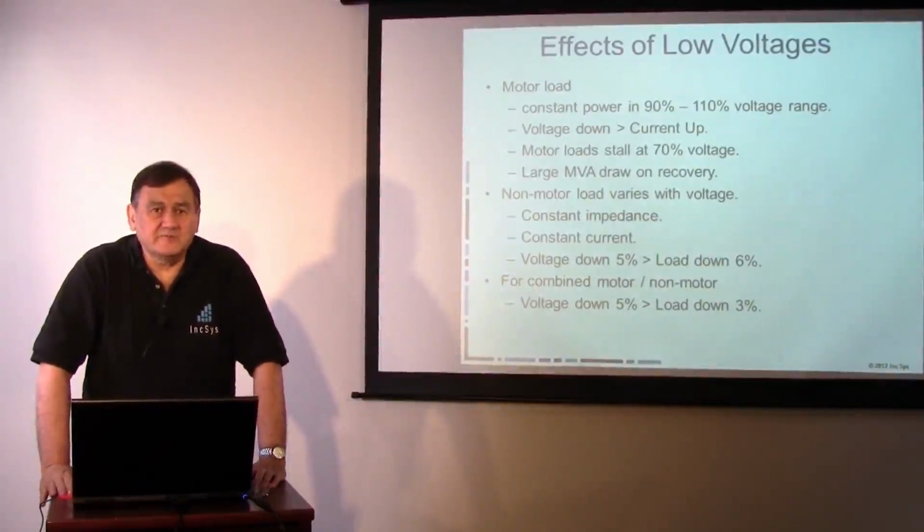Now, non-motor load tends to be more voltage sensitive, and so as the voltage drops, particularly with lighting like incandescent lighting, that varies as the square of voltage. Heating elements vary with the square of voltage, and fluorescent lights are pretty much linear with the voltage. So we can have either constant impedance loads or constant current loads.